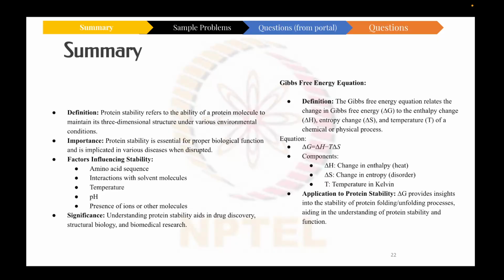This minimization of hydrophobic surface area reduces the unfavorable interactions between non-polar residues and water molecules, thereby contributing to the overall protein stability. And van der Waals interaction also has an effect. The burial of these hydrophobic residues in the protein's core reduces the entropy of surrounding water as it becomes more ordered around the non-polar groups. This entropy decrease is favorable and contributes to the overall stability of the folded protein.